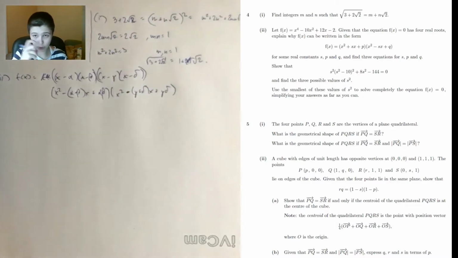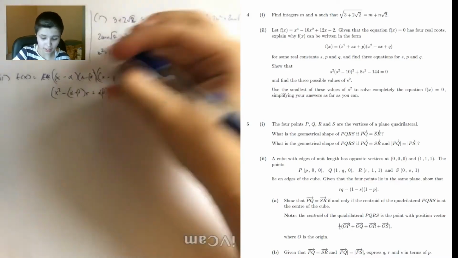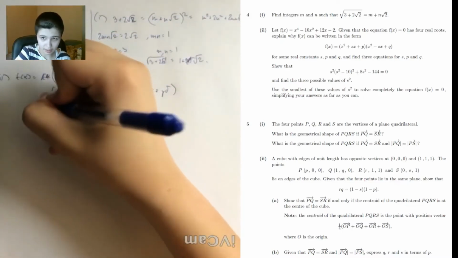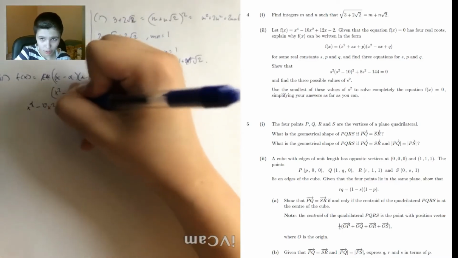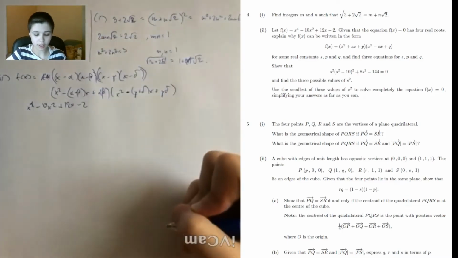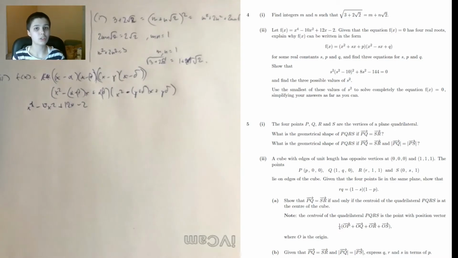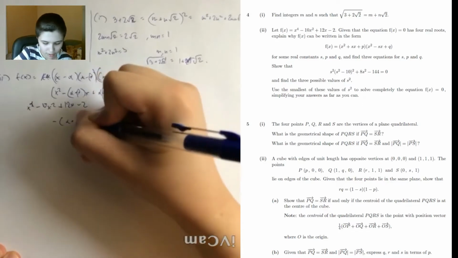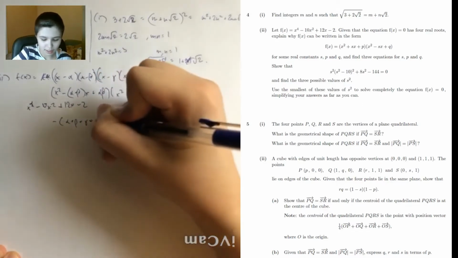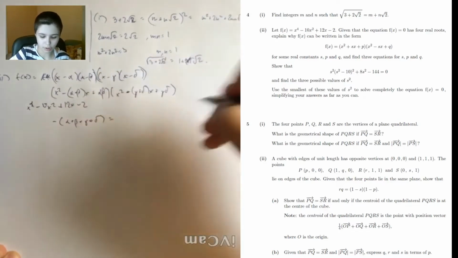And also, if you look at x to the 4 minus 10x squared plus 12x minus 2, we know that the coefficient of x cubed is going to be the negative sum of the roots. And we also see that the coefficient of x cubed is equal to 0, so minus (alpha plus beta plus gamma plus delta) is equal to 0.